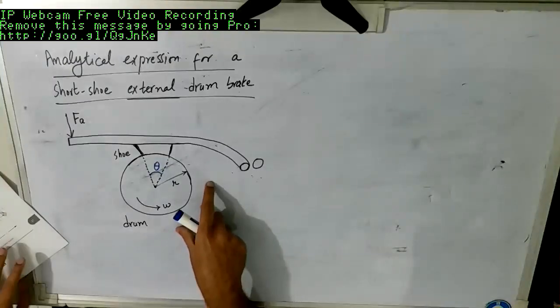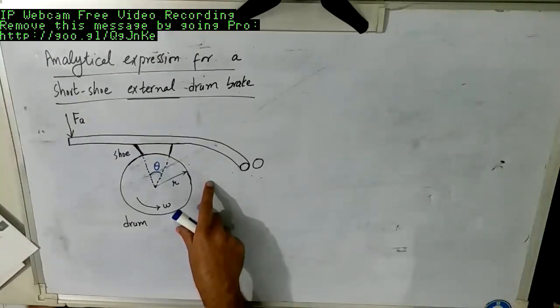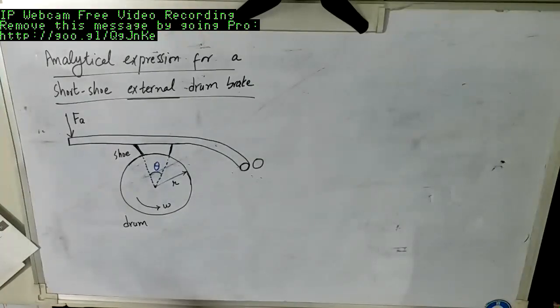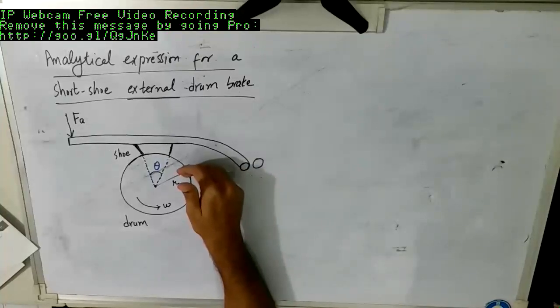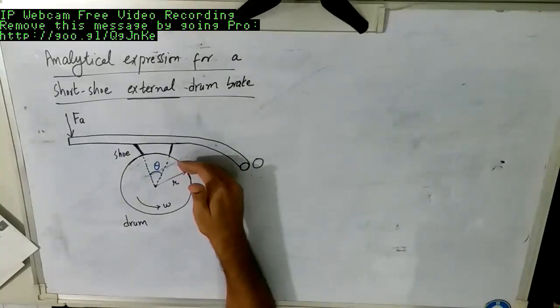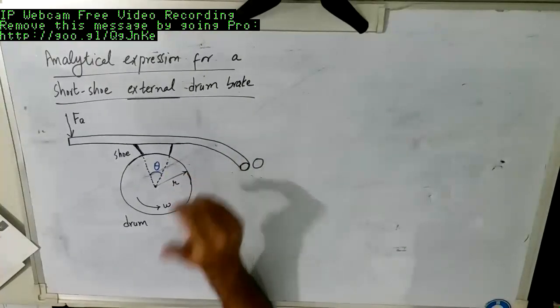Now, in order to solve for the analytical expression of this kind of brake, we have to draw the free body diagram of this assembly, which will show us the forces that are acting at different parts of this assembly.